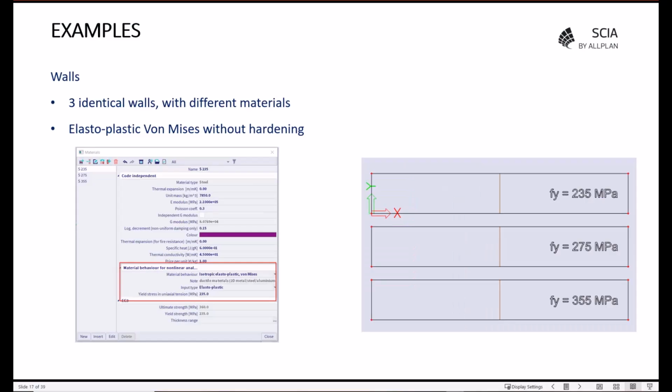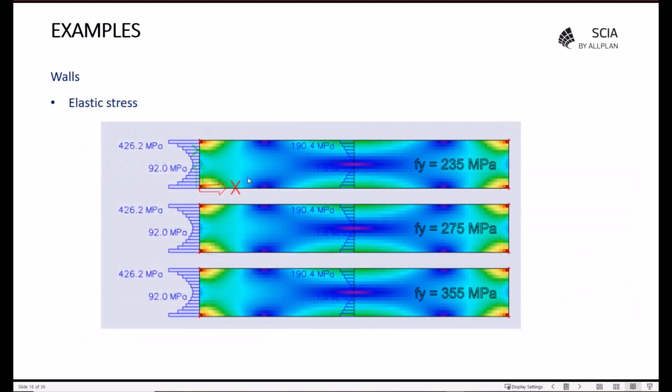So to sum up, I go back to the presentation. In this example, we have three identical walls with different materials, and we have defined an elasto-plastic von Mises without hardening behavior for all three of them. First, for the elastic stresses, we have exactly the same value for the three elements for a linear calculation.